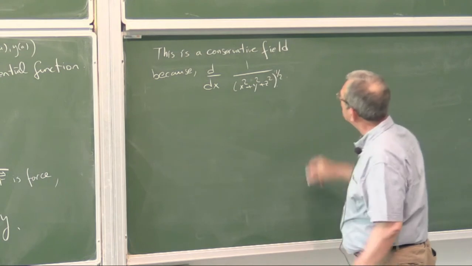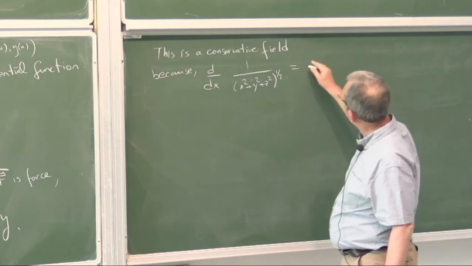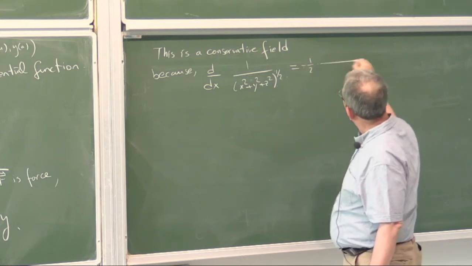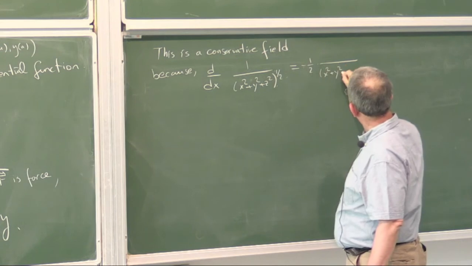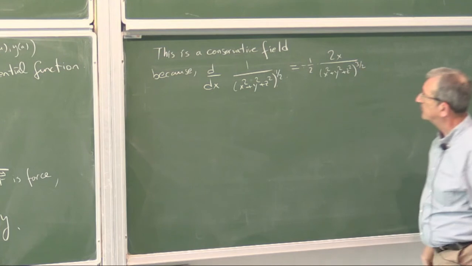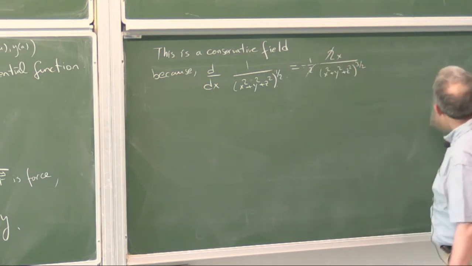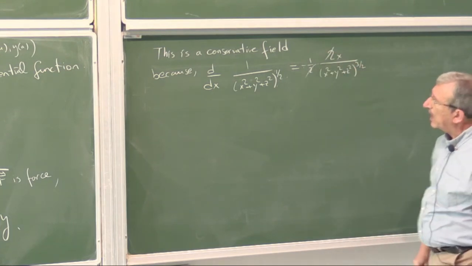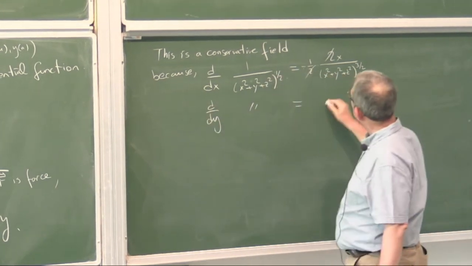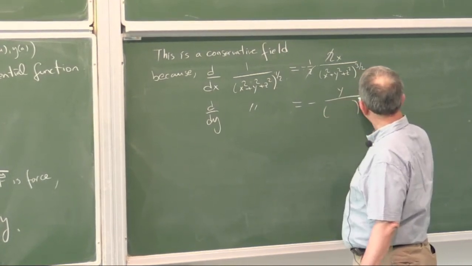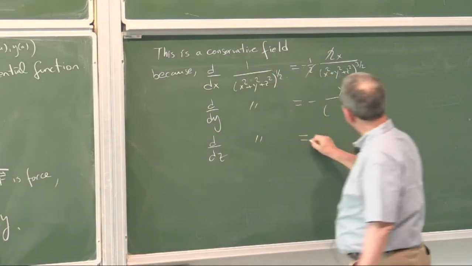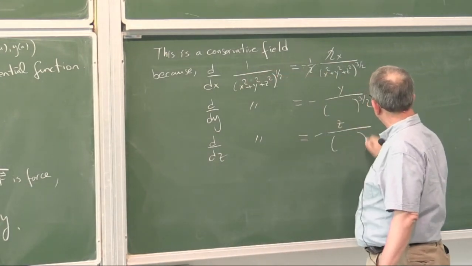Now, what's this derivative? This derivative would be minus 1/2 of (x squared plus y squared plus z squared) to the 3/2 times 2x, which is exactly the first component there. And similarly, d by dy of the same thing is minus y over this thing, and d by dz of this function is minus z over the 3/2.